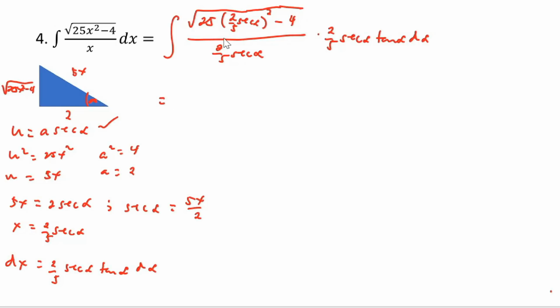So by simplifying the radicand, we have the square of 2/5. It becomes now 4 over 25. So 4 over 25 of secant squared alpha. So 4 over 25 times 25.